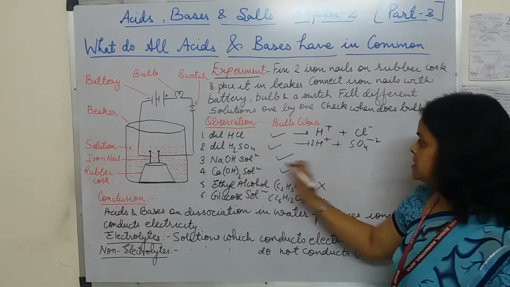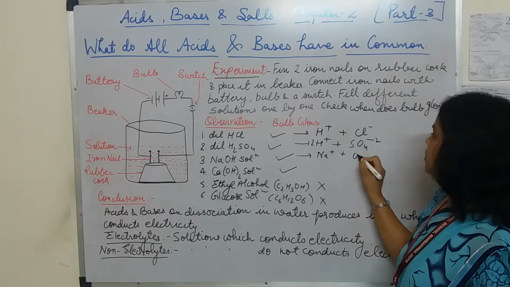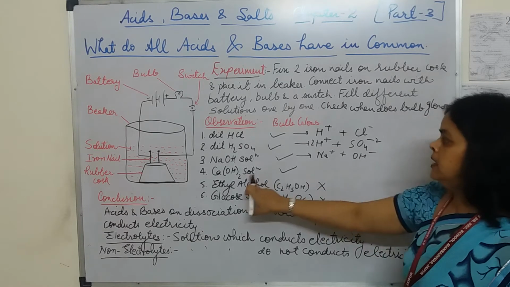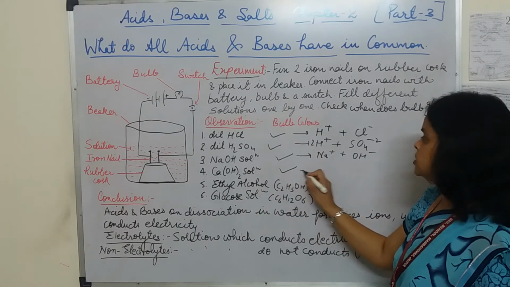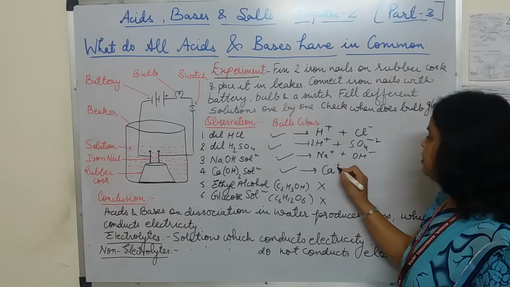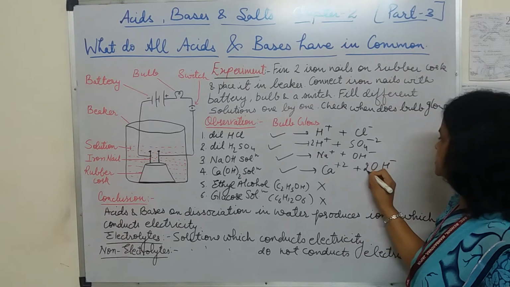NaOH solution, a base, is also going to dissociate to form Na plus and OH minus, sodium ions and hydroxide ions. Calcium hydroxide solution is also going to dissociate in the presence of water. It will form Ca 2 plus ions along with hydroxide ions.